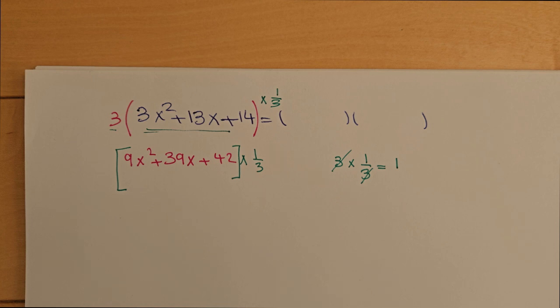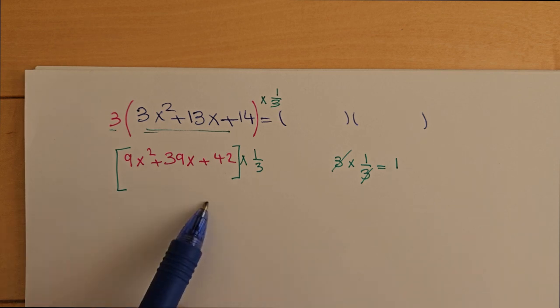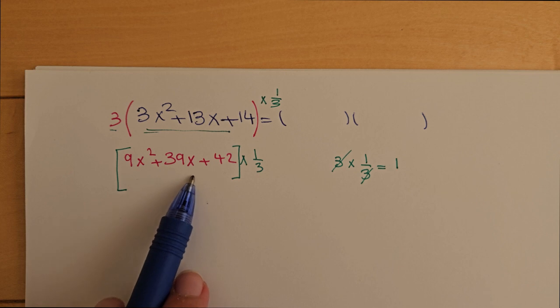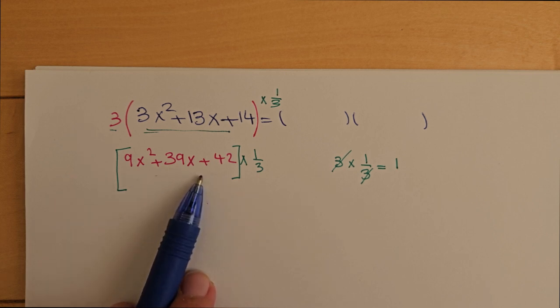And as you know, if we multiply an expression by 1, the value doesn't change, right? Because this is what you do. You multiply by 3 and then later on you divide the same expression by 3, so the whole thing wouldn't change.